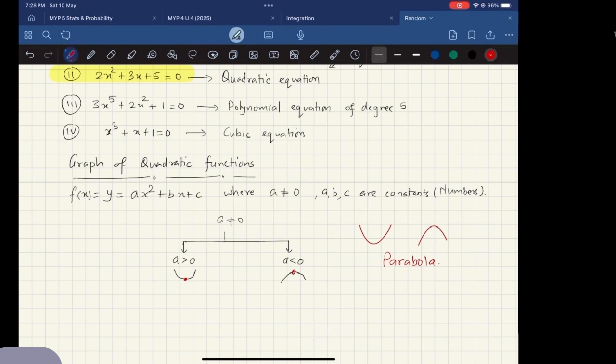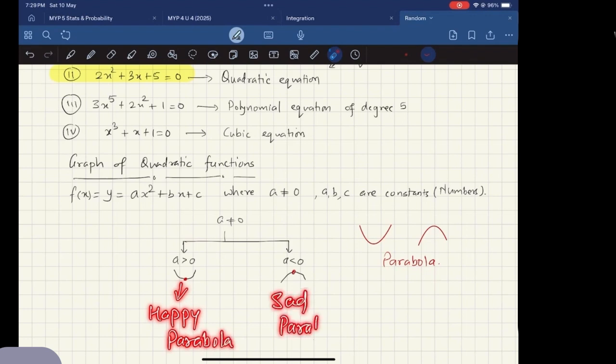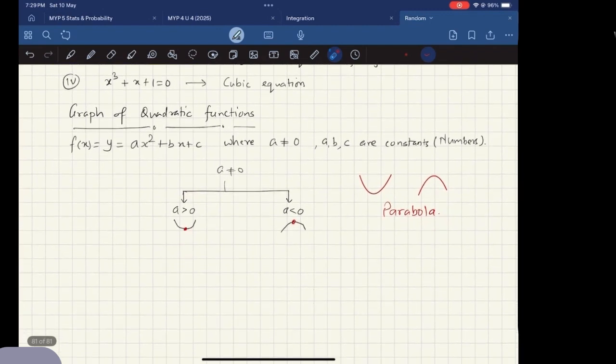So coming back to this, when do you know that you will have what I'll call a happy parabola, and when will there be a sad parabola? I'm just going to write some equations and you tell me whether it's happy or sad.